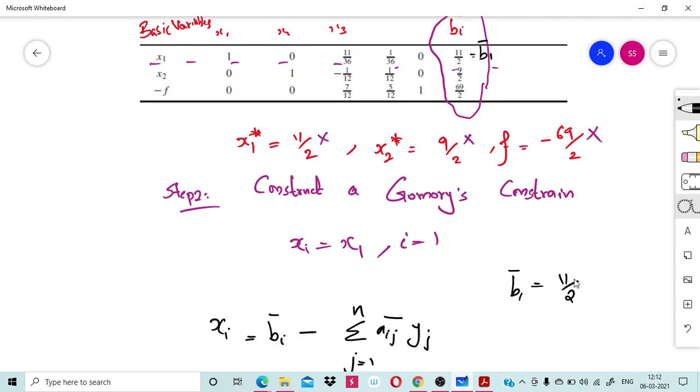Then you have a_ij bar, y1 and y2, 11 by 36 and 1 by 36.